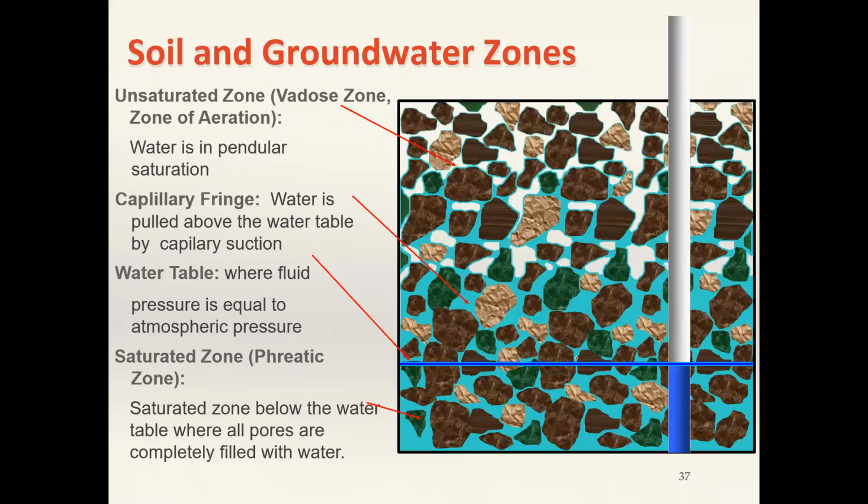Now, what are the different zones that we can see in an unconfined aquifer? If you drill a well into an unconfined aquifer, the first thing you want to see is where the water table is. That level is called the water table.